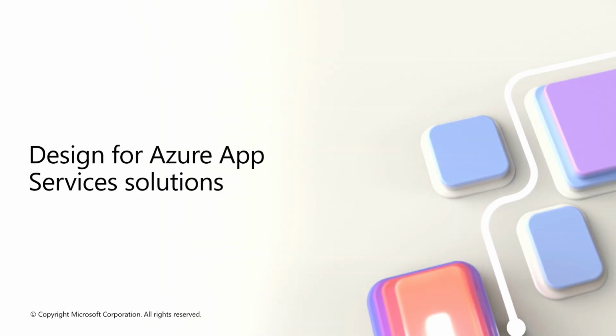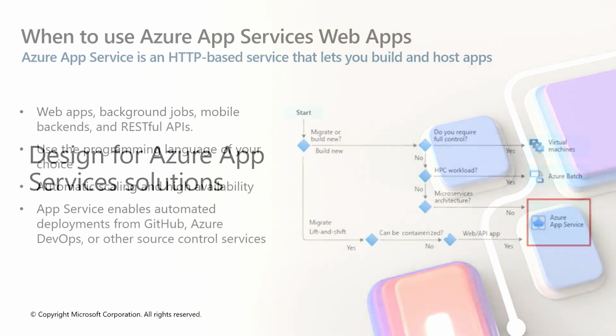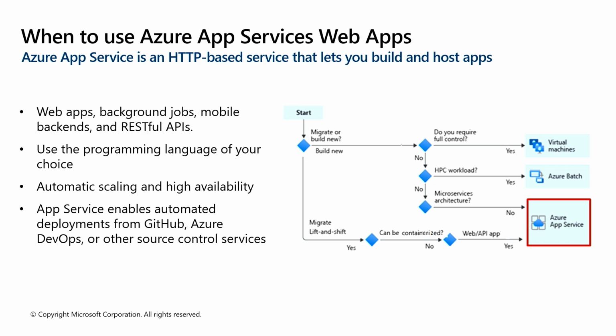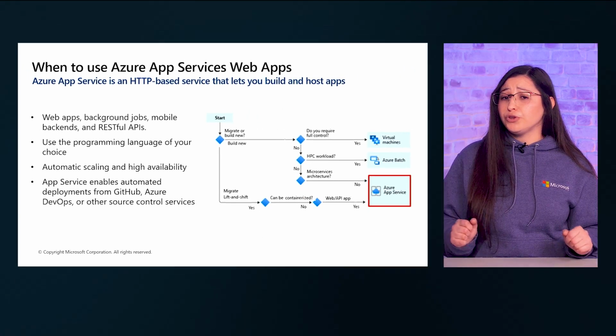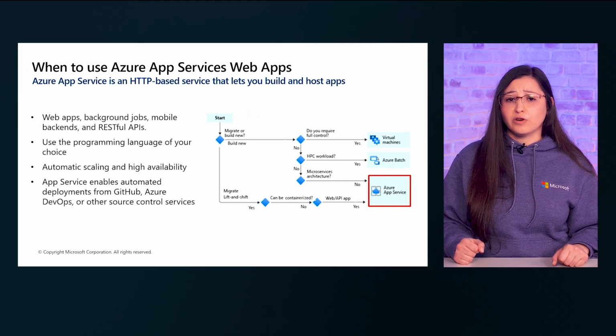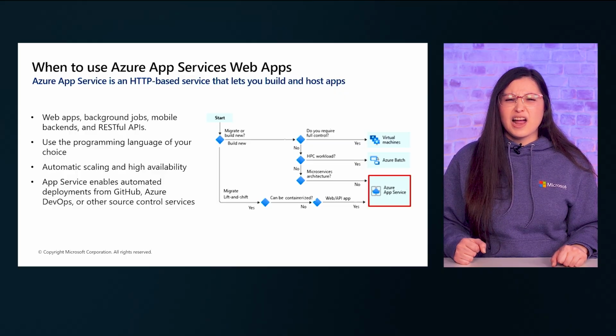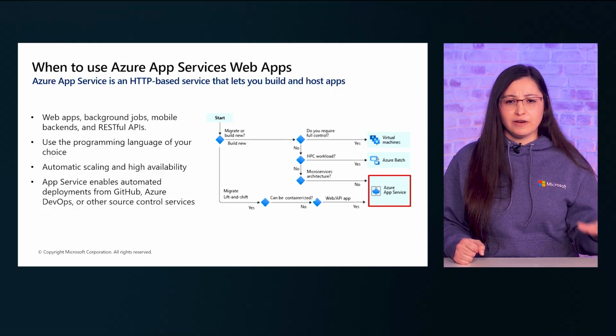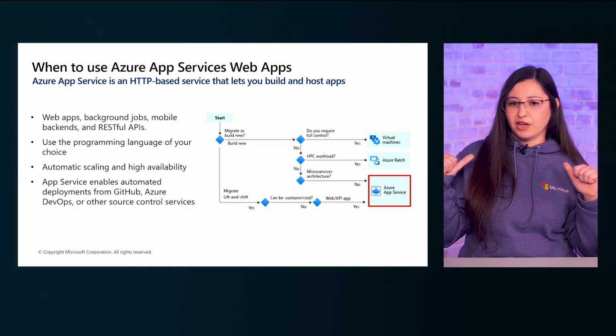Now, the platform as a service favorite for web hosting, designed for Azure App Service solutions. No servers to patch, no OS to babysit, just code. That's Azure App Service. We choose App Service when the workload is a web app or API and we want PaaS. Azure manages the infrastructure, I manage the application.